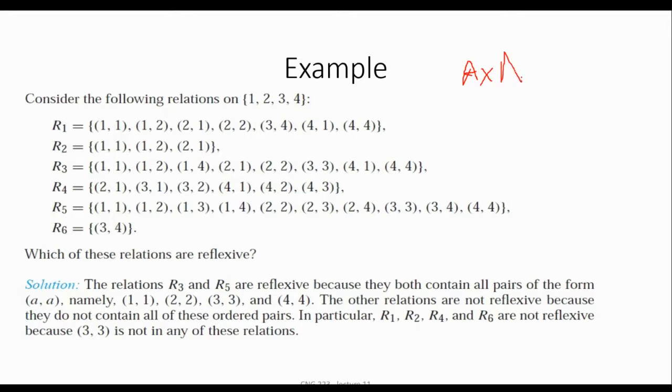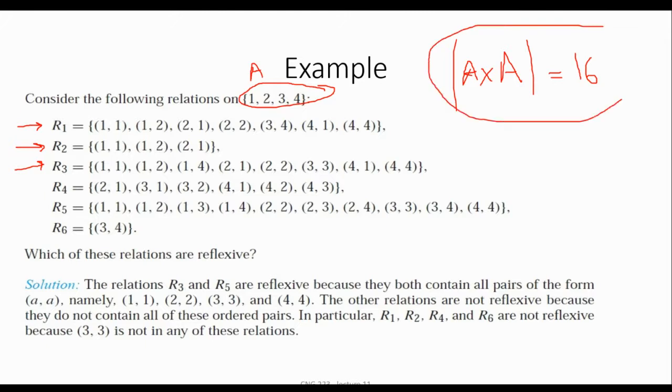A Cartesian product A times A, and you can write different relations as subsets of that set. What's the size of A times A? This is 16, because A contains 4 elements, so 4 times 4 is 16. Now we can define different subsets of them. All of them are subsets of that big set.